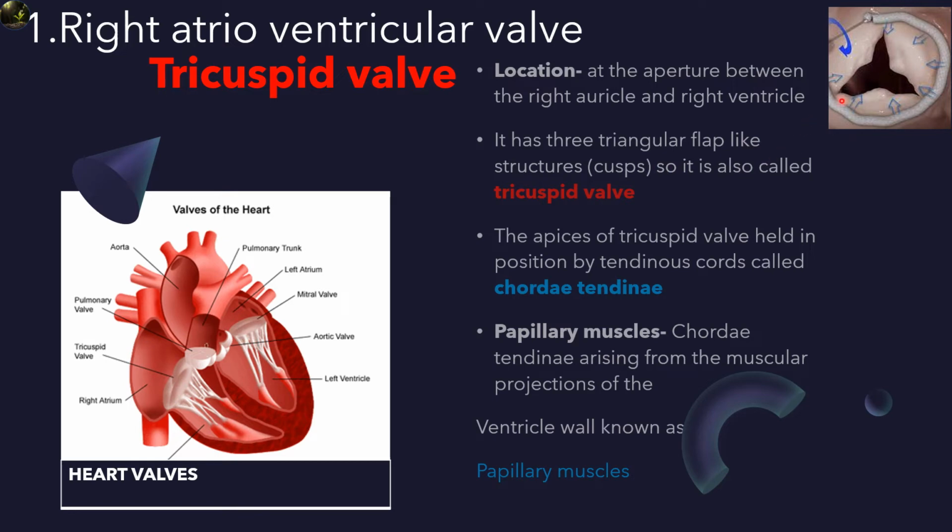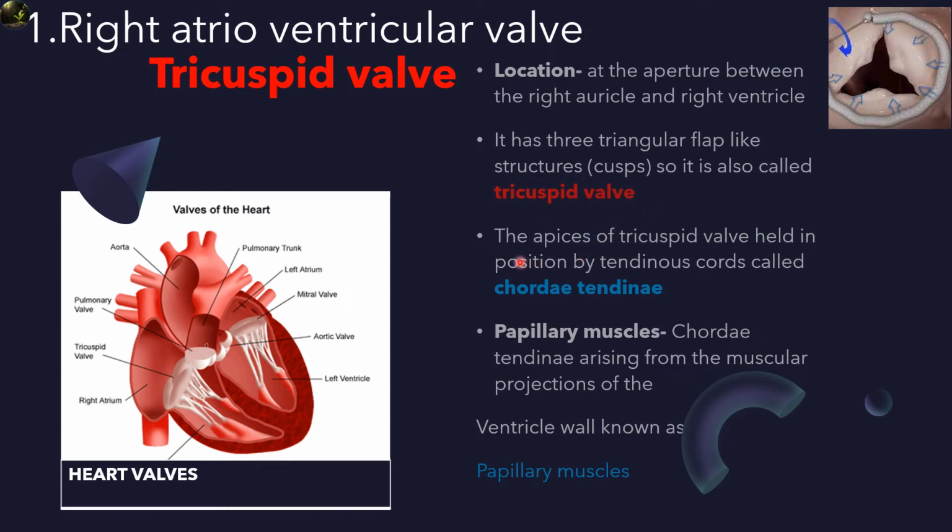How many cusps are there? Yes, three cusps. This right atrioventricular valve is also known as the tricuspid valve.